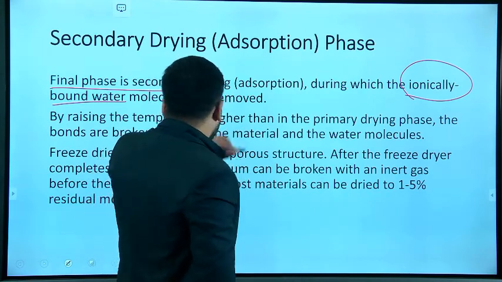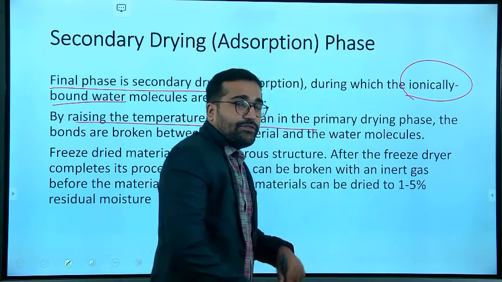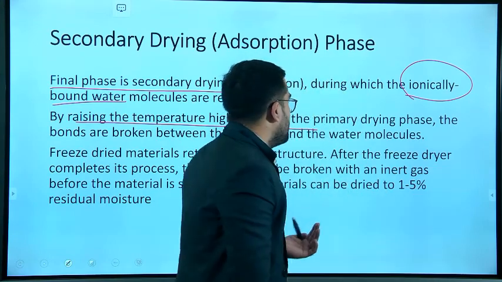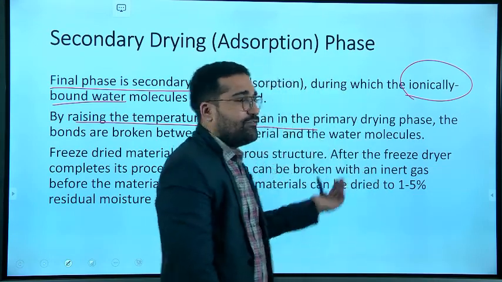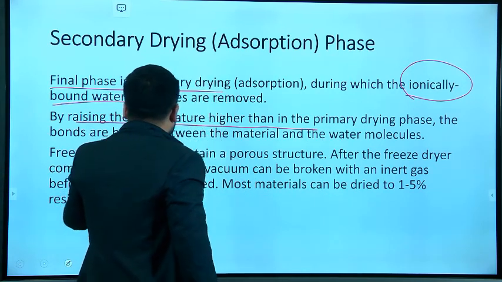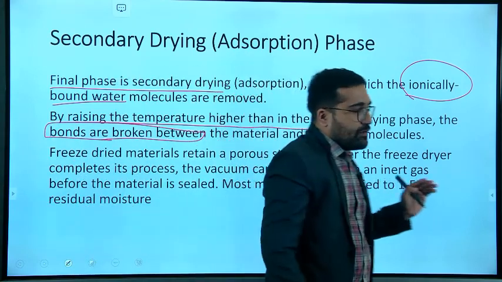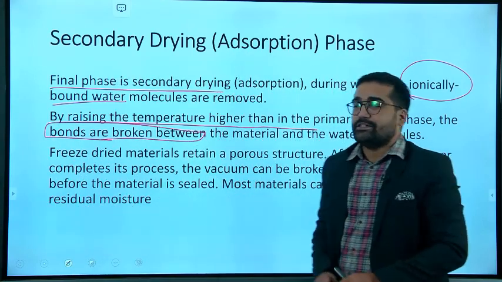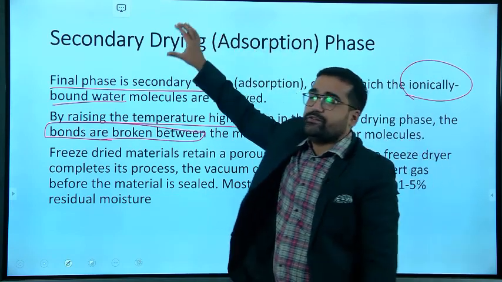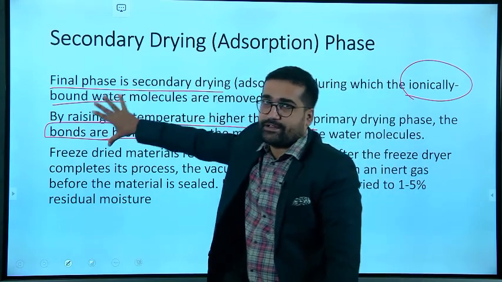Here we raise the temperature further from the primary stage, that we have seen inside the graph. Because of the rise in temperature, the ionic bonds which form between the product and the water will break.